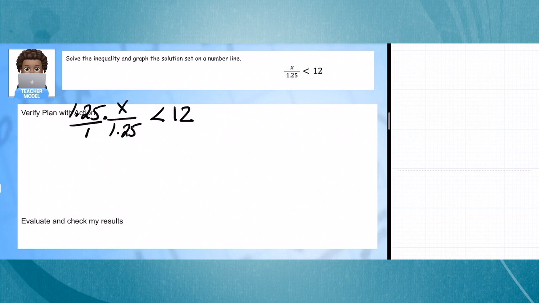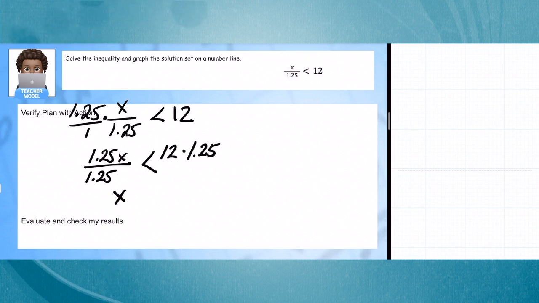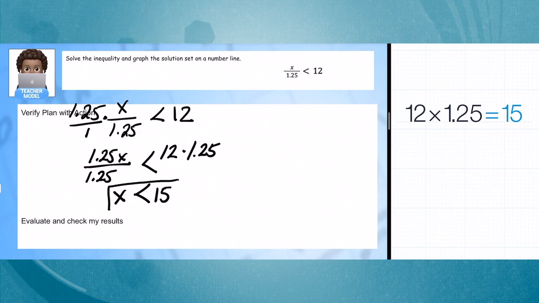And what that does is I'm going to end up with 1 and 2500ths x divided by 1 and 2500ths. And that's just going to leave me with x. So remember, whatever you do to one expression, you have to do to the other. So 12 times 1 and 2500ths gives us 15. So x has to be a number less than 15.